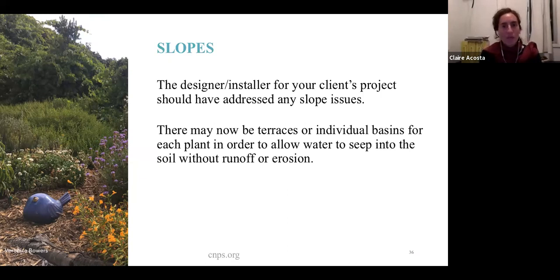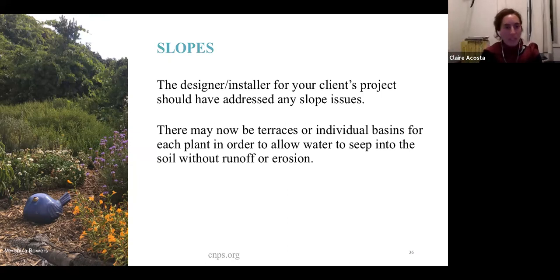It's something you want to monitor with slopes, because obviously you have this gravity situation going on. And hopefully the designer or installer for whichever garden you're dealing with has already addressed those slope issues, and that might be in the form of terraces or rain grading basins.